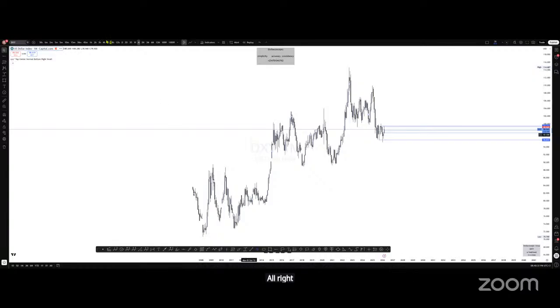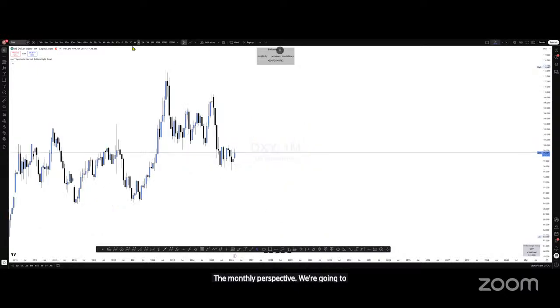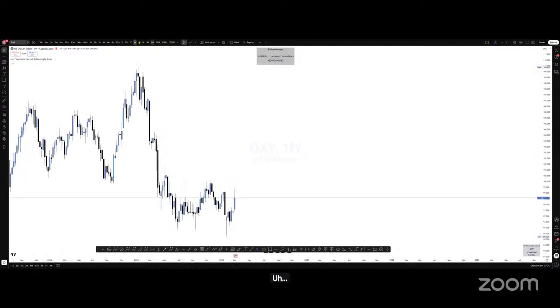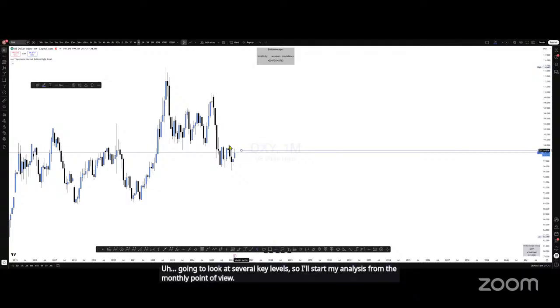All right. So from the monthly perspective, we're going to break our charts and look at several key levels. I'll start my analysis from the monthly point of view. We have this key level that is very significant, 99.589.